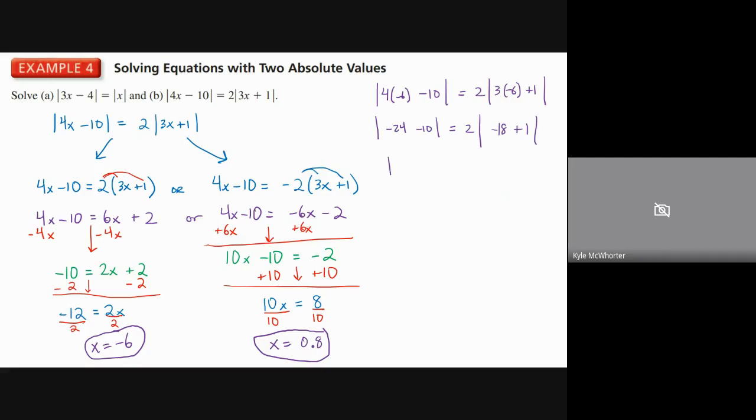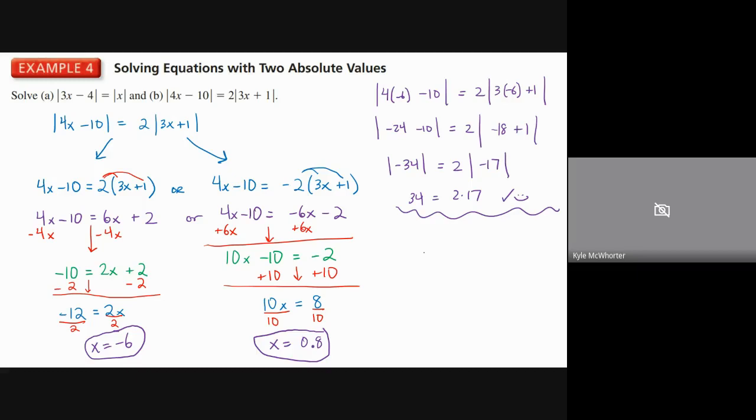So then over here, we're going to get absolute value of negative 34 equals 2 times absolute value of negative 17. And you can see that this is going to work. Absolute value of negative 34 is 34. Does that equal 2 times 17? Yes. So x equals negative 6 works.